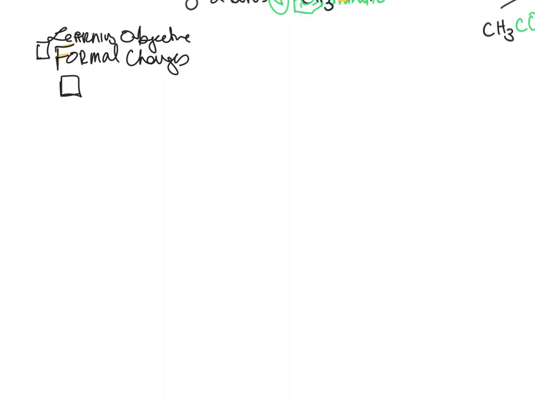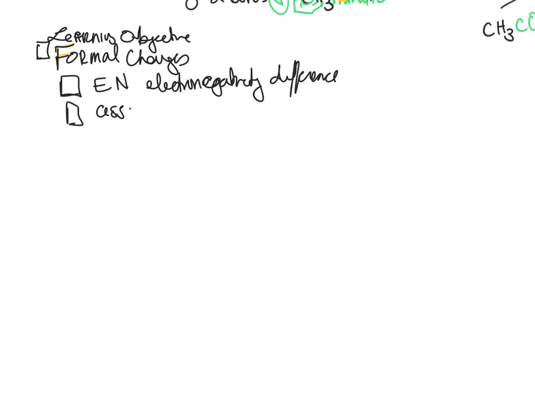You need to be able to look at the electronegativity differences and be able to assign a dipole moment. We can talk about what those are. And then we're going to finish up with drawing resonance structures.